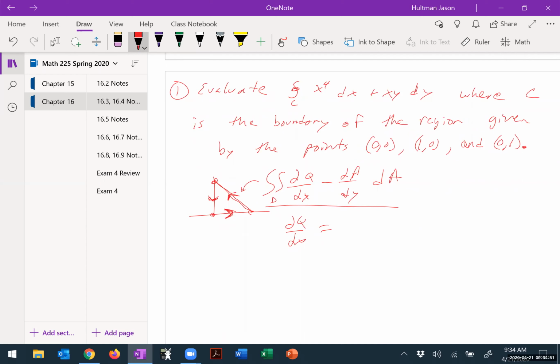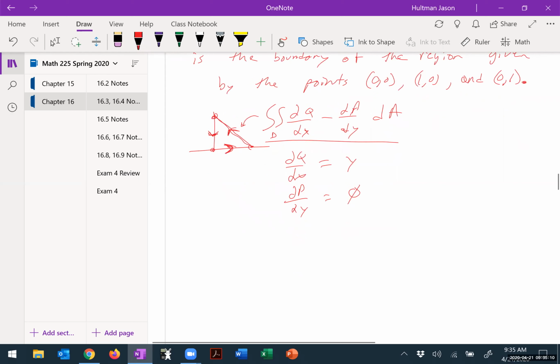Q is xy, so taking the derivative with respect to x we get y. What about dP/dy? The derivative of x to the fourth with respect to y is just 0. So we get a double integral of y minus 0, and I'll do dy dx here.